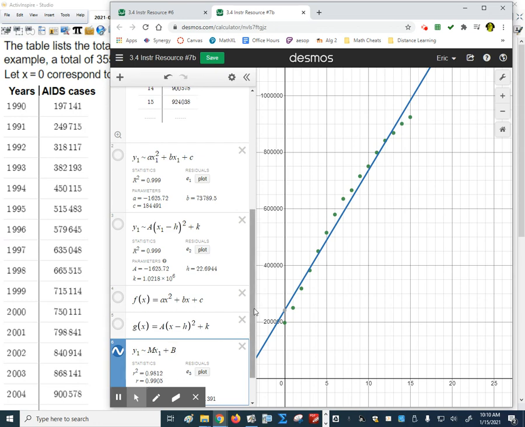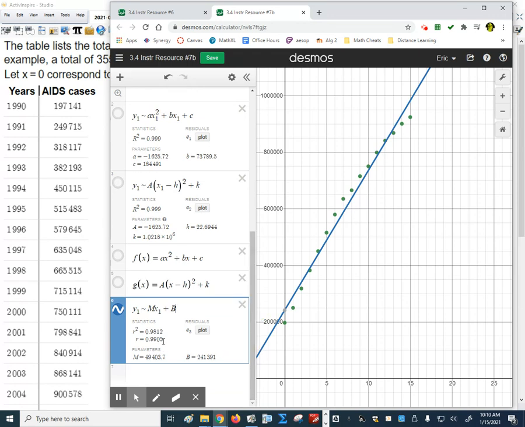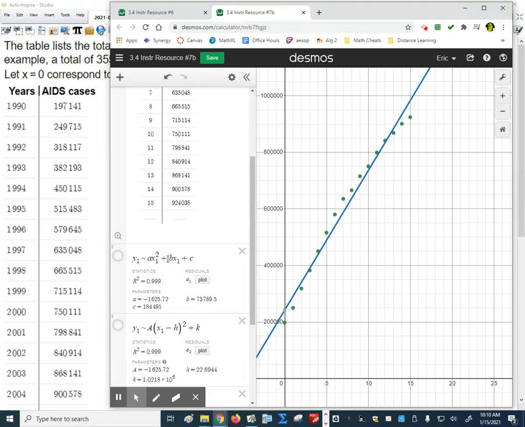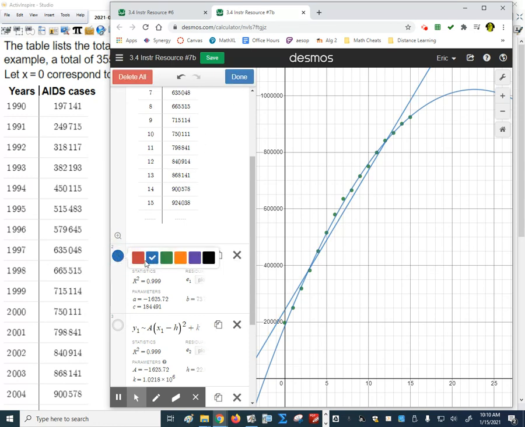I mean, it's a fairly good fit. It's a 98.12% fit, but that's not as good as we have with the quadratic one, right? The quadratic is 99.9% fit. So it's much better. And if we look at the quadratic fit comparatively, yeah, it fits that data much more closely, doesn't it? Does everybody see that?